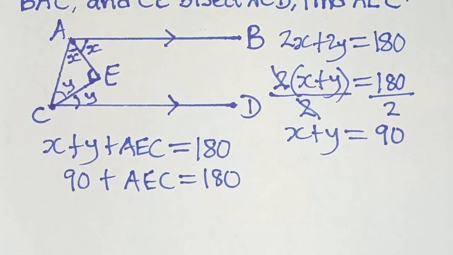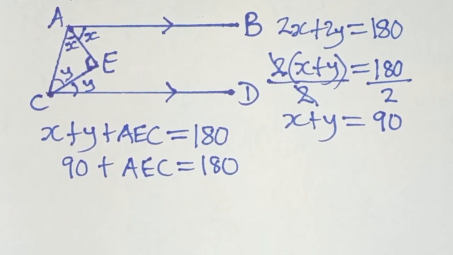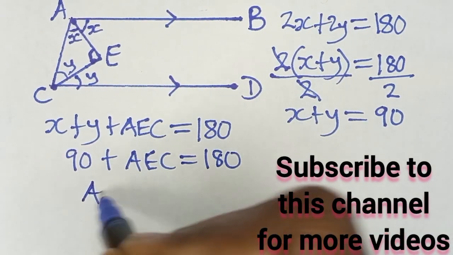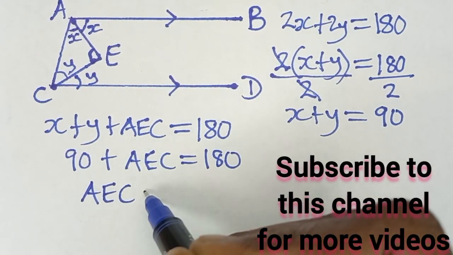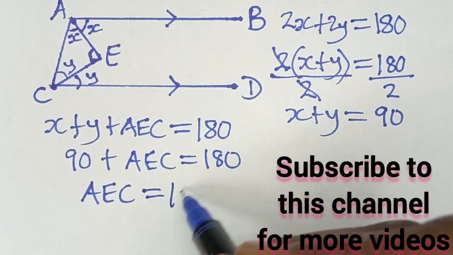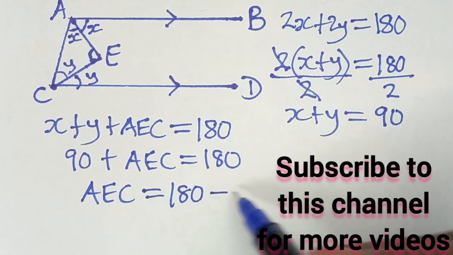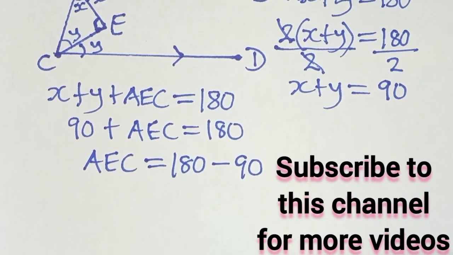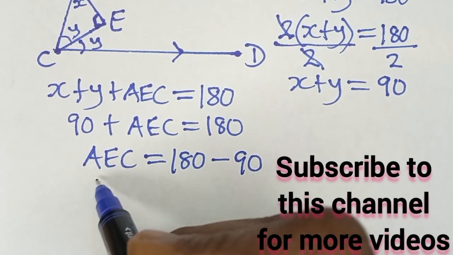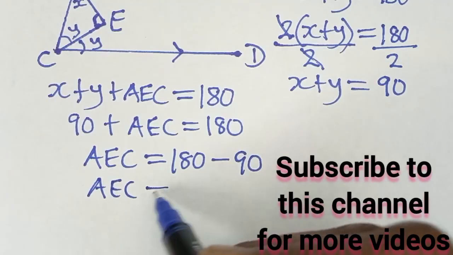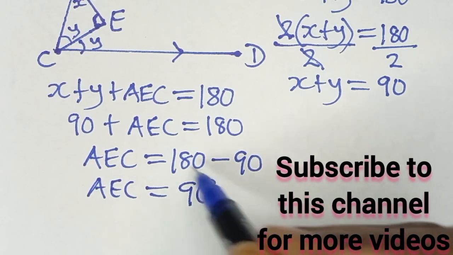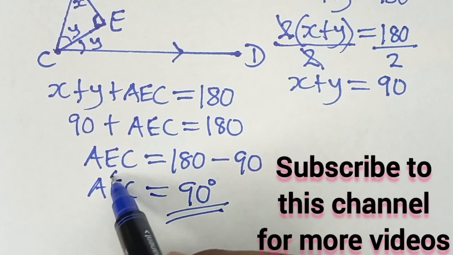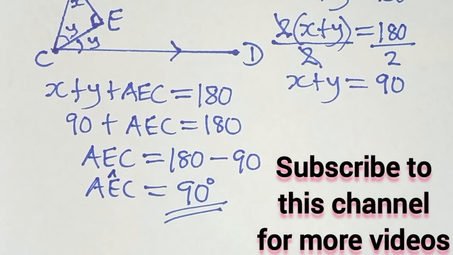From there, I can make AEC the subject of the formula and write AEC is equal to 180 minus 90. And that will give us the final answer. AEC is equal to 90 degrees. So the value of angle AEC is 90 degrees.